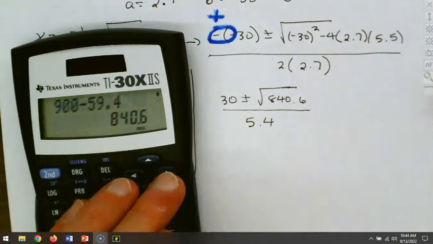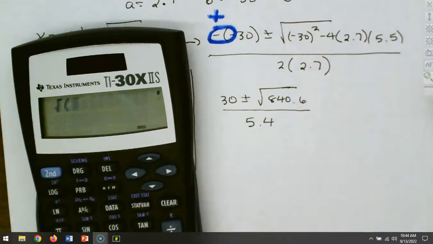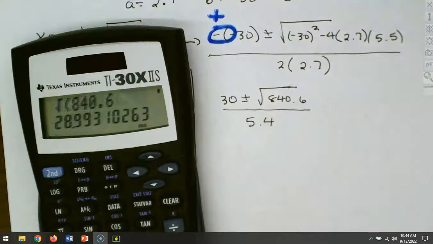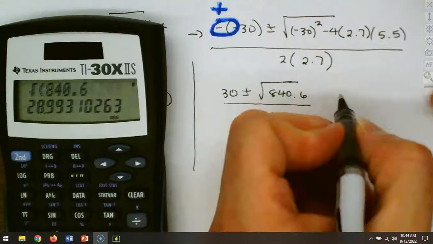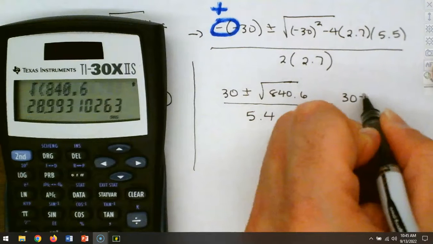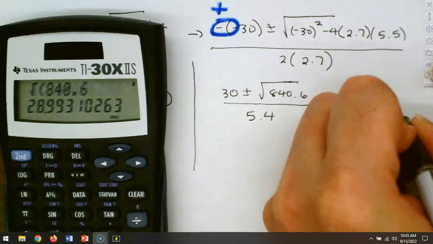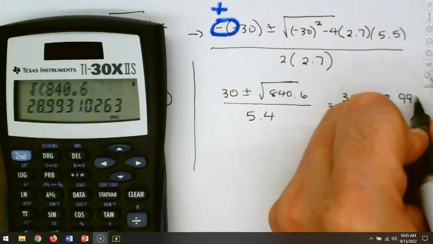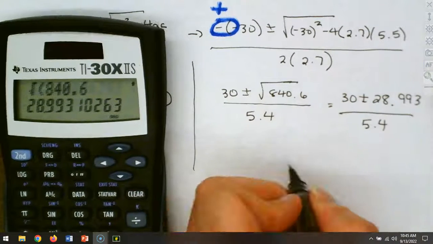So let's go ahead and just take our square root here. So that's going to be the square root of 840.6. We want this out to 3 places. And then we'll get our 2 solutions. So that's going to be 30 plus or minus 28.993 over 5.4.